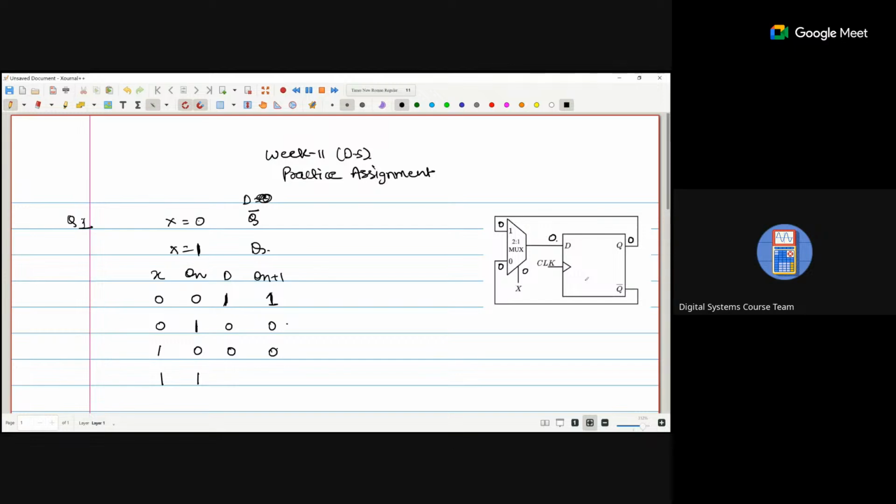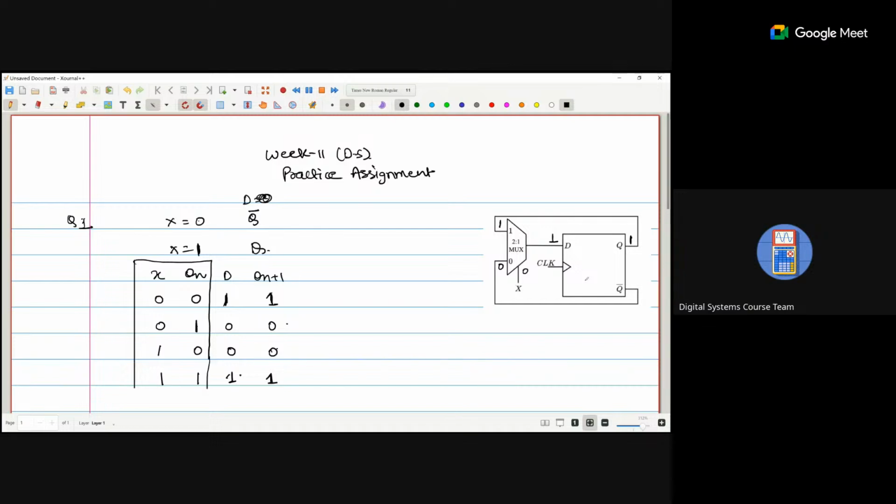Okay, and when x is 1, so q is 1, so 1 is here, 1 is here, and 1 is here. So d is 1, and when d is 1, qn plus 1 is 1. Okay, so we have two inputs, x and qn.